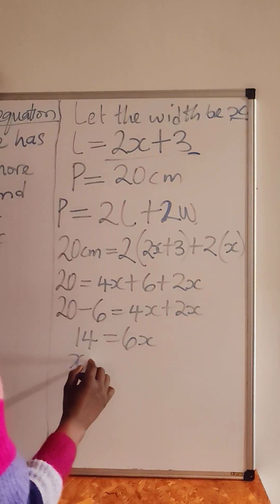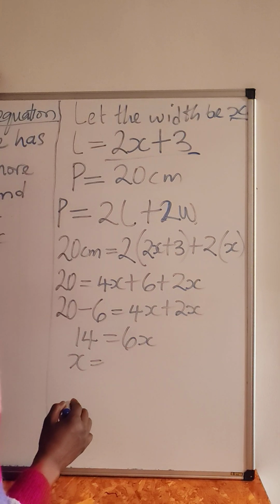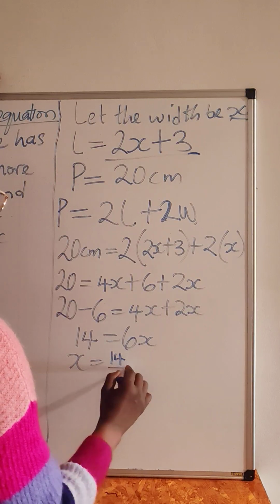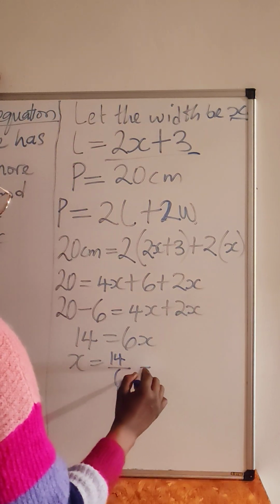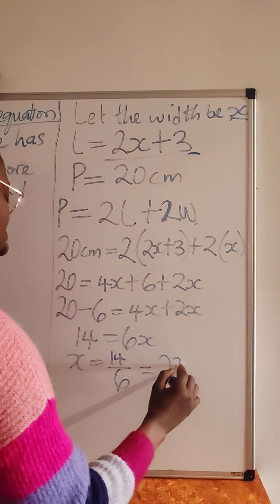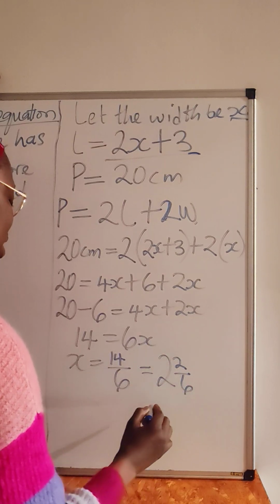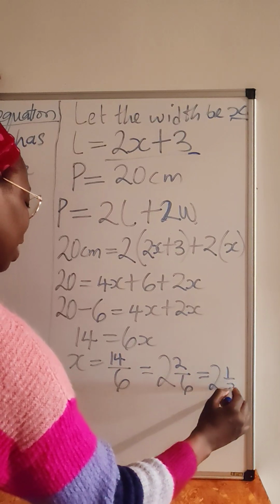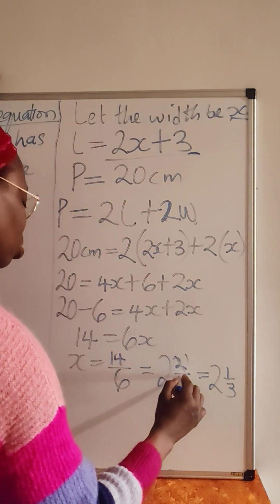Making x the subject of the formula, we're going to have 14 divided by 6, which is 2 whole number 2 divided by 6, which is 2 whole number 1 divided by 3.